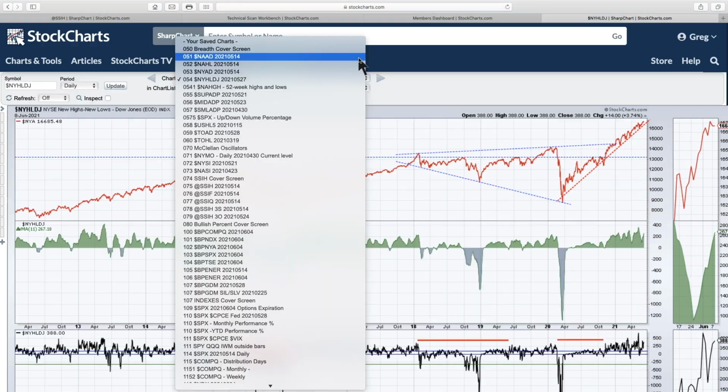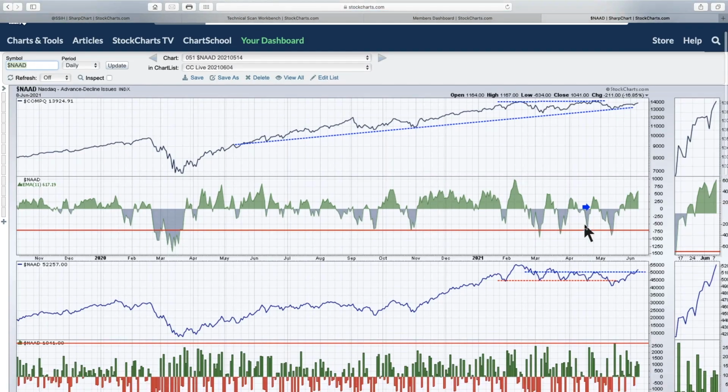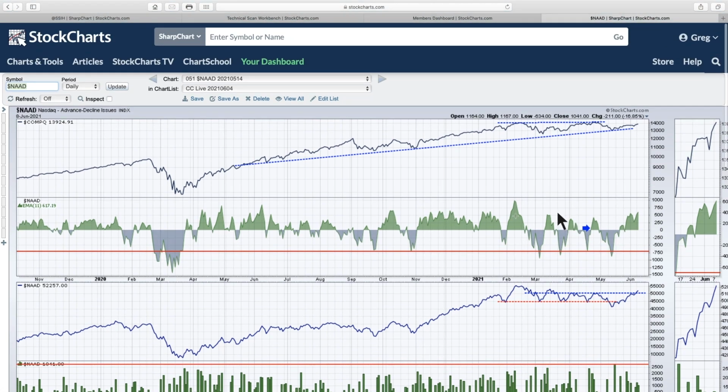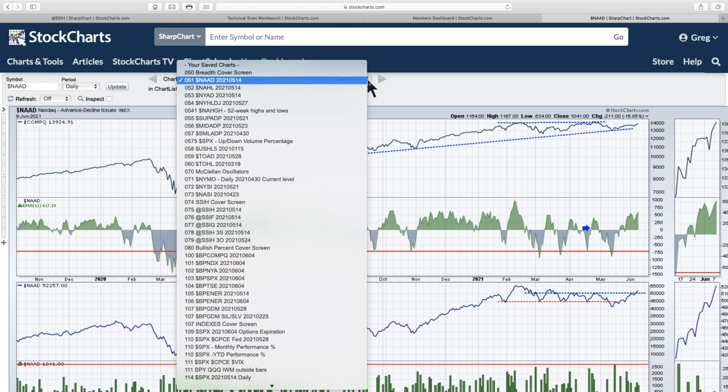So just those two things are quite helpful just to see what's going on. But here's the good news. Since the middle of May, the NASDAQ advanced decline line has been rising, and that's a really solid thing. So we want to be aware that it is improving.